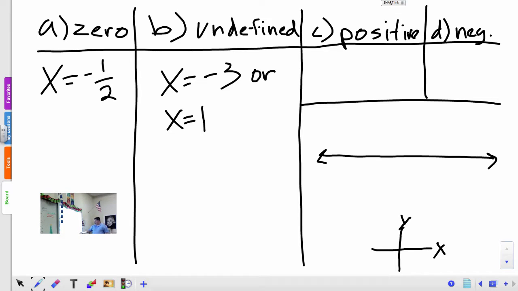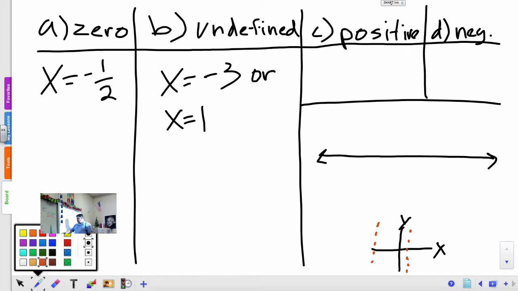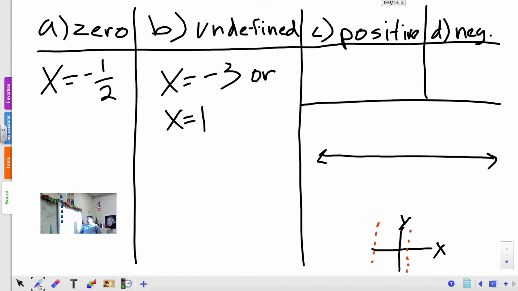We know that there's a vertical asymptote at 1 and at -3. We also know that my function is going to cross the x-axis at what number? Somebody said it. When is this going to cross the x-axis? It's going to cross the x-axis when x equals -1/2. So right here, it's going to cross.